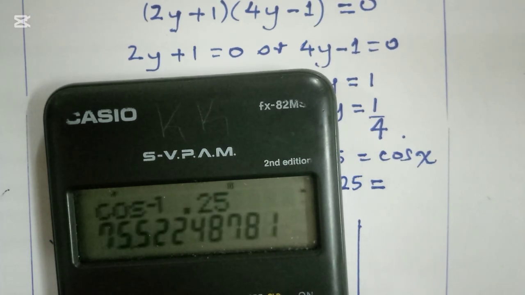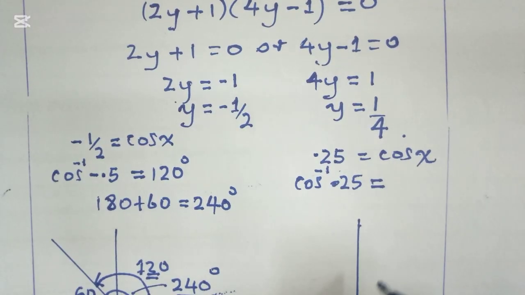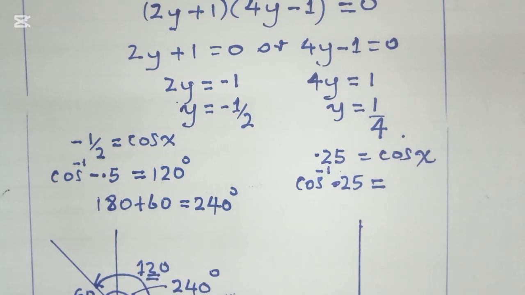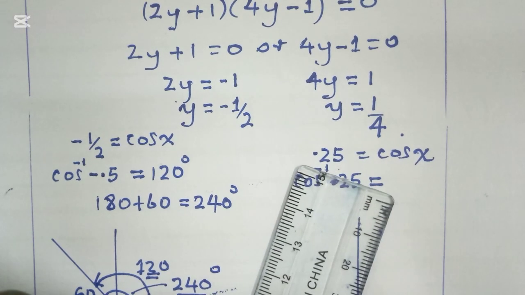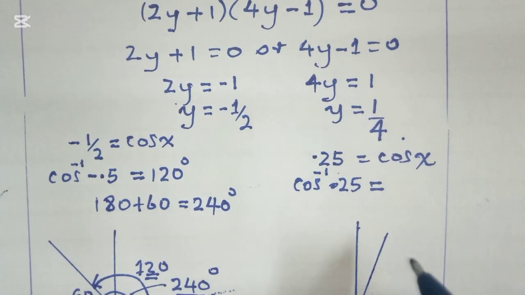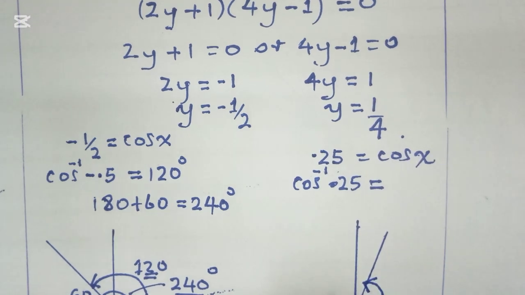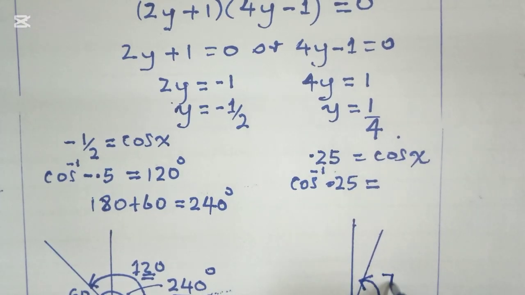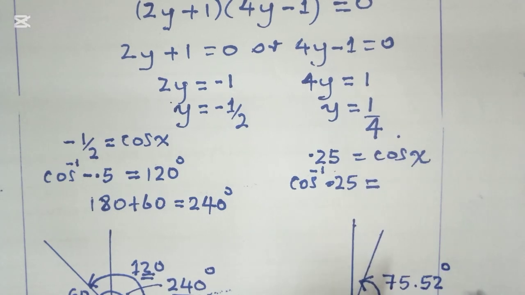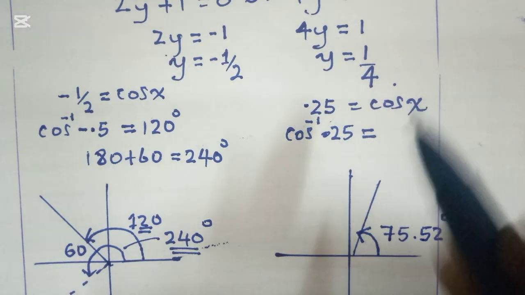This one gives us 75.52, which is allowed in this place. So this is now going to be our value, and this value is 75.52 degrees, like that.